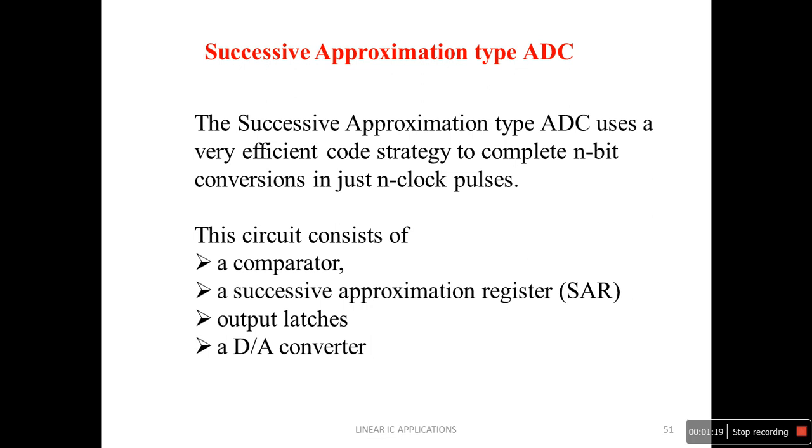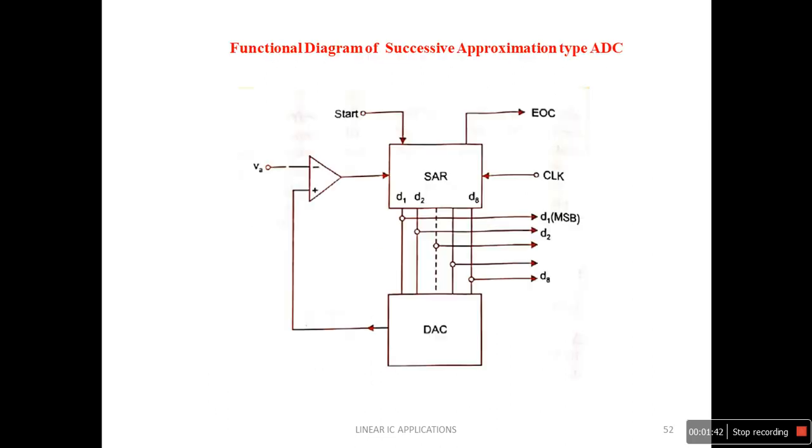This circuit consists of a comparator, a successive approximation register, which is a special one, output latches, and a digital to analog converter. In the previous counter type ADC, we had an n-bit counter. Instead of the n-bit counter, here we have a special device called the successive approximation register. It has an internal algorithm.